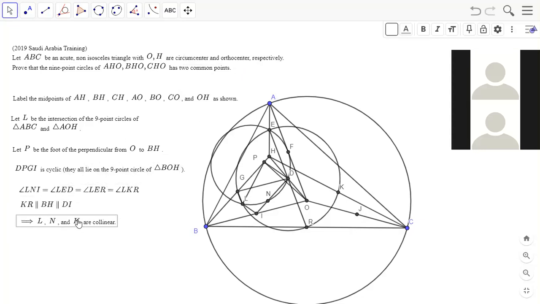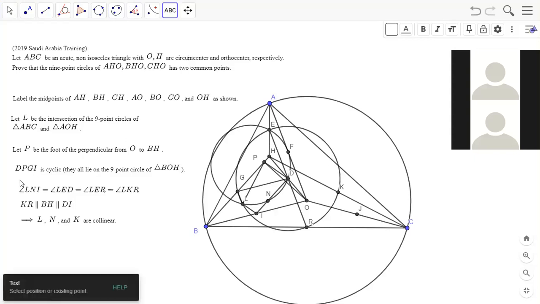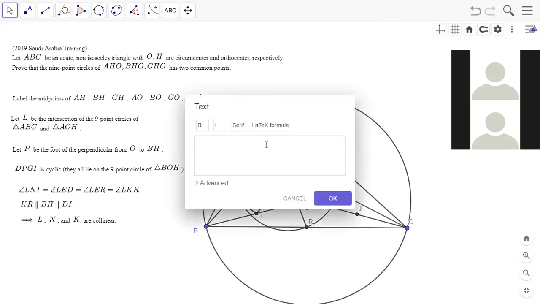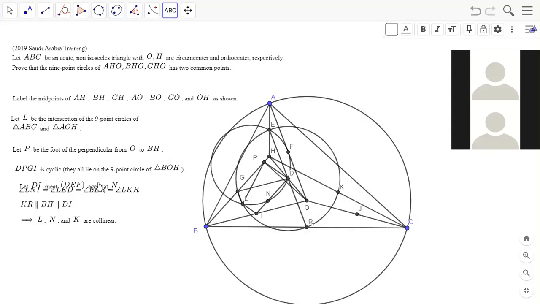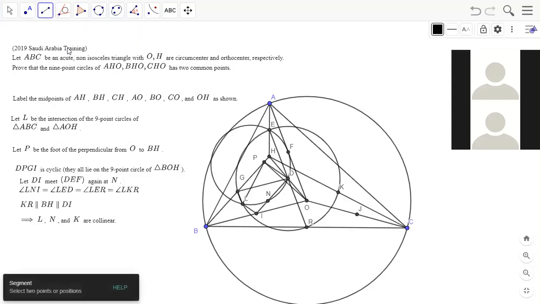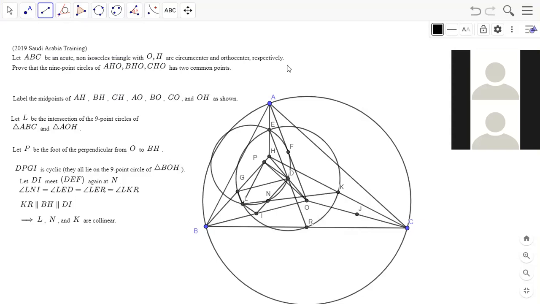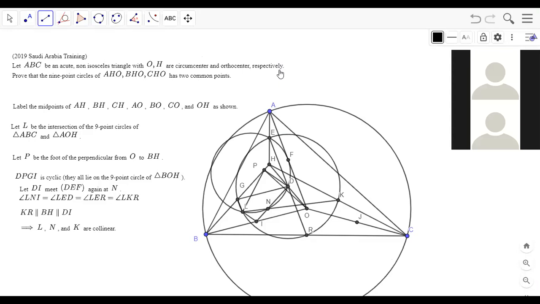So actually, let me define N. And then once we know that, yeah, okay, angle chase looks okay.